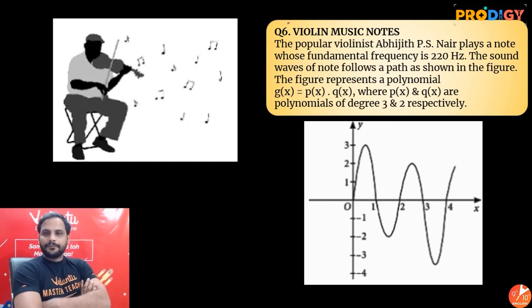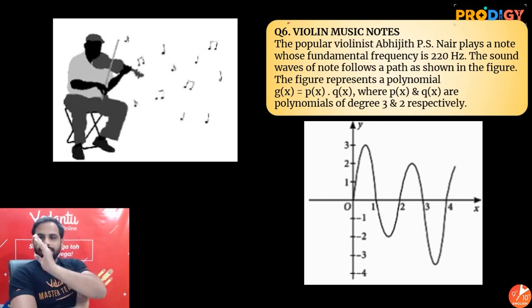What this question is saying: violin music notes. The popular violinist Abhijit P.S. Nair plays a note whose fundamental frequency is 220 Hz. The sound waves of the note follow a path as shown in the figure. So this is the path followed by that wave. The main thing for us is the figure represents a polynomial g(x) equal to p(x) into q(x), where p(x) and q(x) are polynomials of degree 3 and 2 respectively.